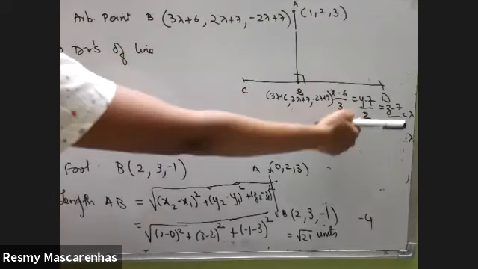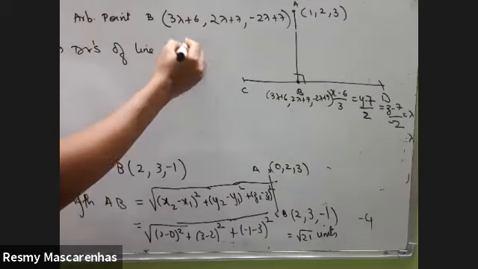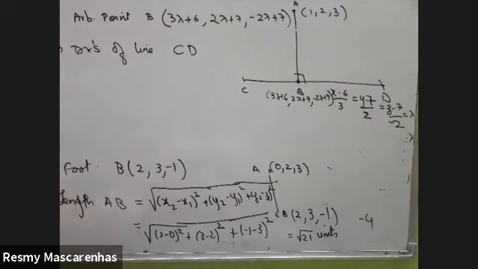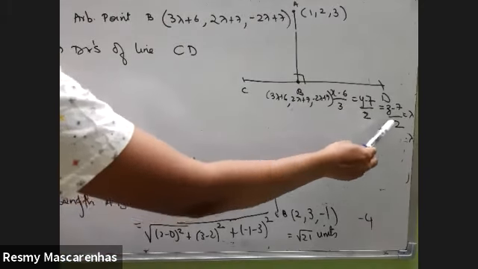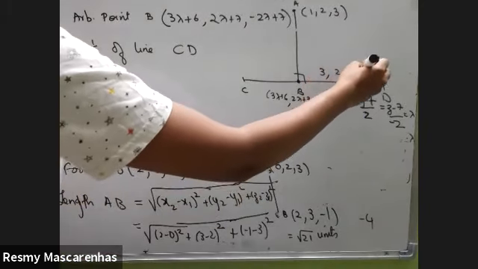So this is easily available, so we'll write CD first. Direction ratios of line CD is over here: 3, comma, 2, comma, minus 2.